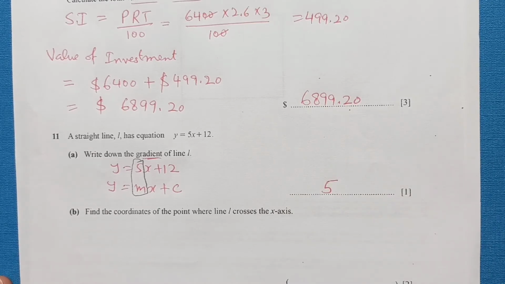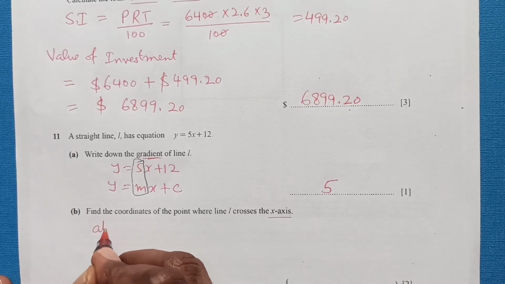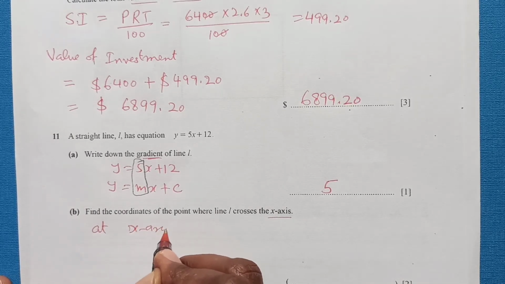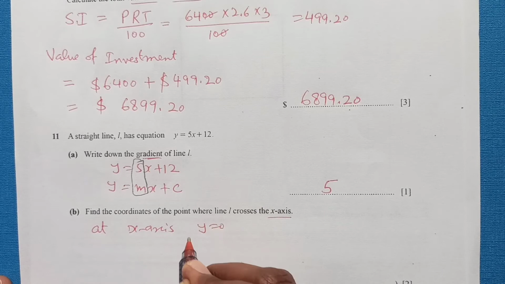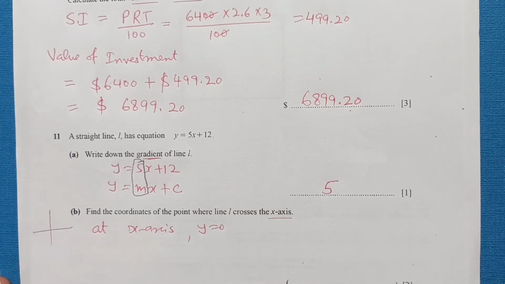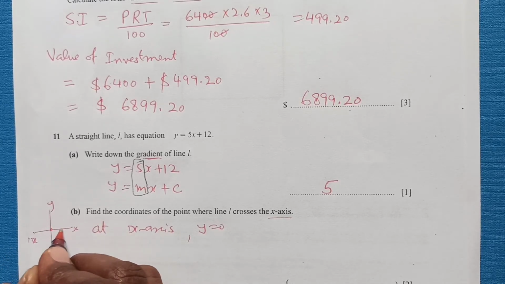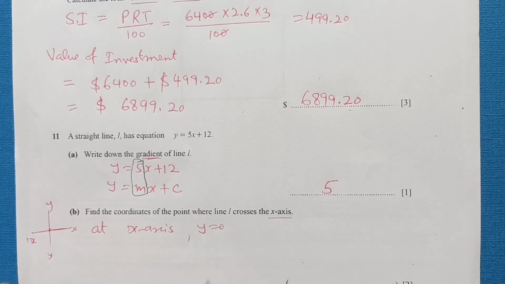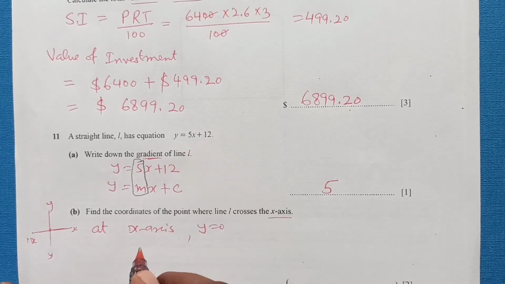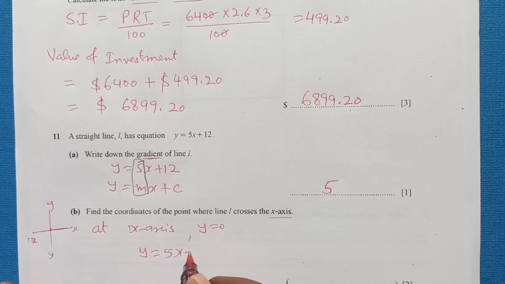Now find the coordinates of the point where the line crosses the x-axis. At the x-axis, y will be 0. This is the x-axis, this is the y-axis. Any point here, y will be 0. Substitute this value in the equation y equals 5x plus 12.